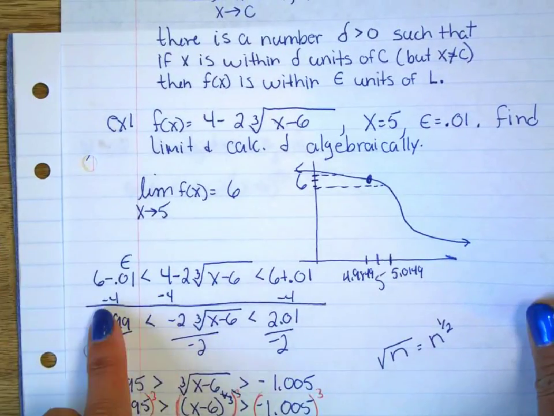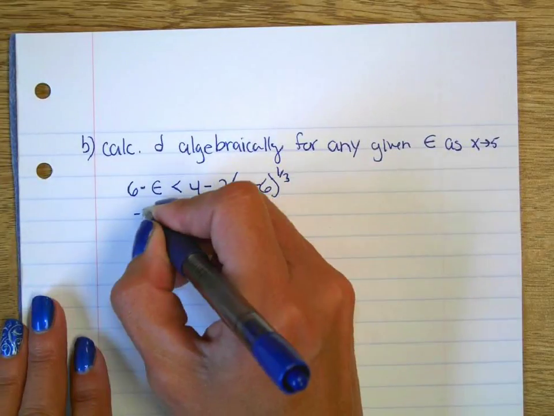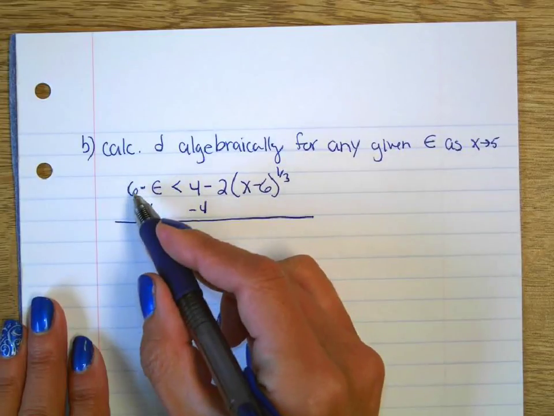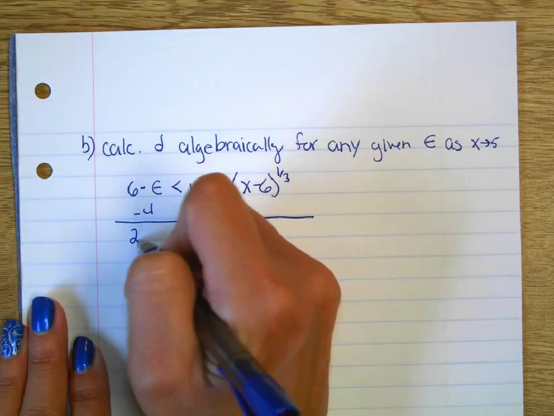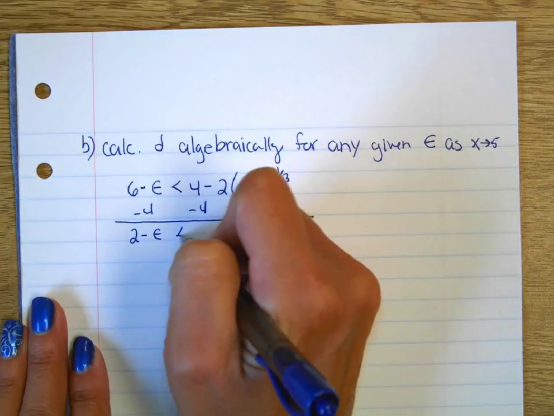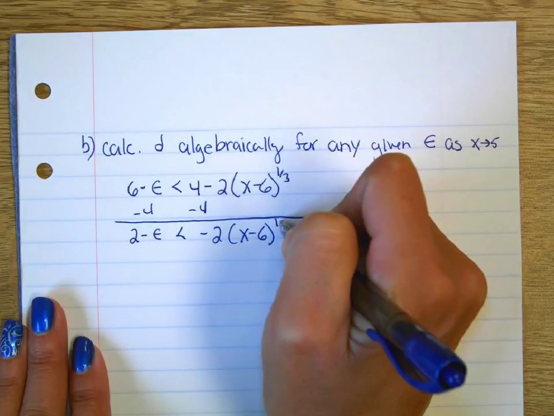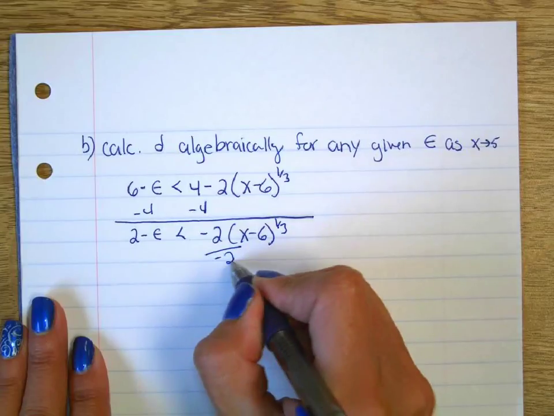The first step was to subtract 4. We're going to do that. Subtract 4. So what I can simplify, I've got 6 minus epsilon minus 4. I can combine my 6 minus 4 and have 2 minus epsilon less than negative 2 times x minus 6 to the 1/3. Next step was divide by that negative 2.